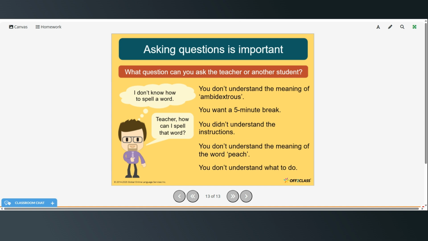So for example, you don't understand the meaning of ambidextrous. So a question for that might be, what does ambidextrous mean? All right, so go ahead and try those on your own.